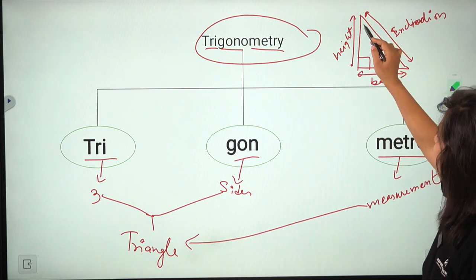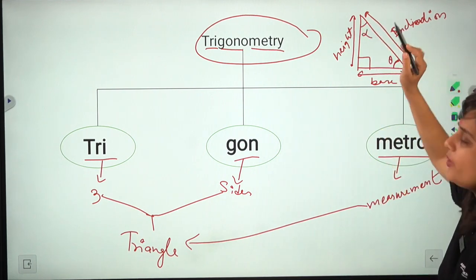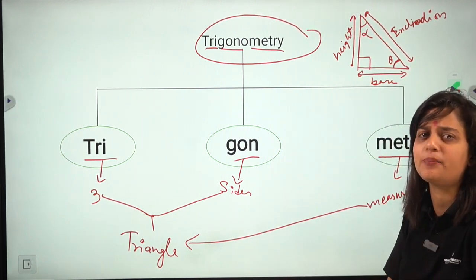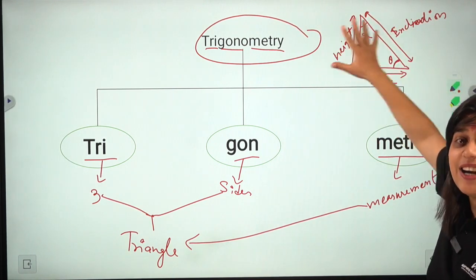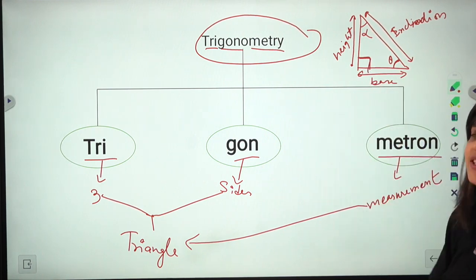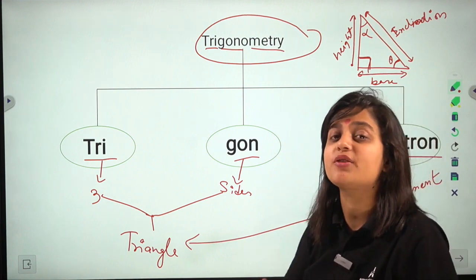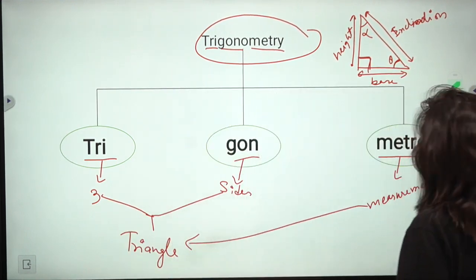Suppose we say this angle is theta, then this might be alpha. We are just giving the names. So in this chapter we learn the calculation of these sides and angles. This is fixed. After this, whatever angles are there, whatever sides are there, we will be dealing with the calculation and the relation between them. Clear? Now let's move to the next slide.